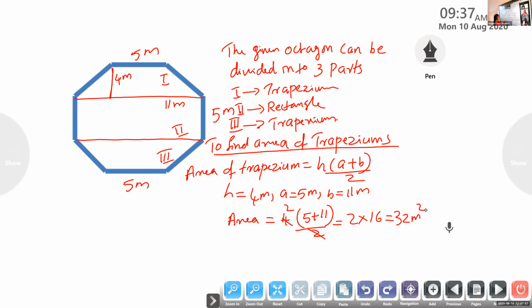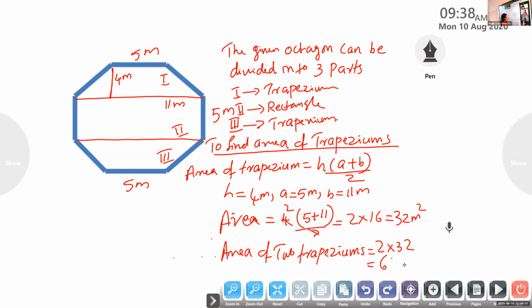Therefore, area of two trapeziums: we have two trapeziums, so 2 into 32, 64 meter square.